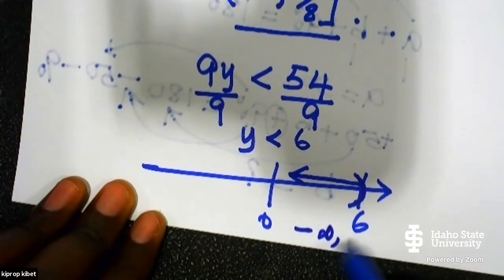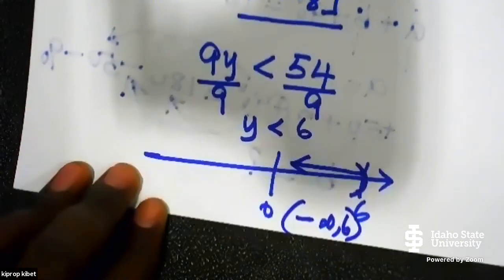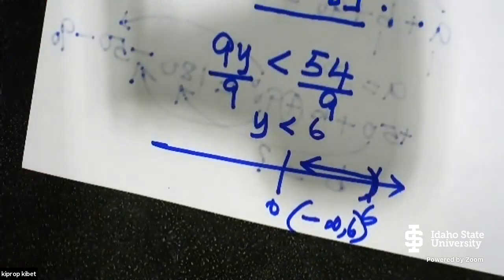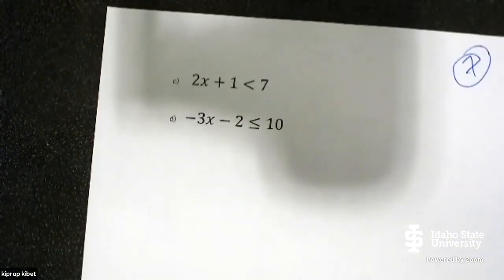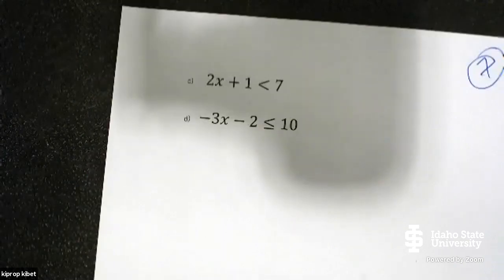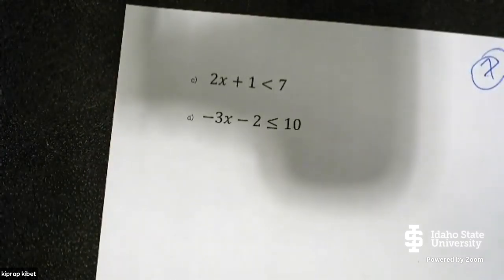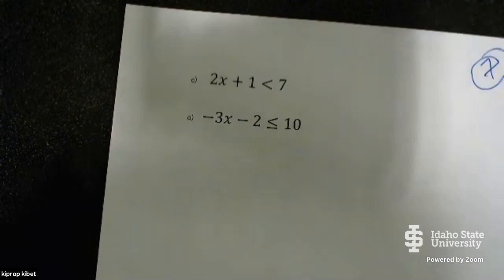Negative infinity, and then what? 6. And all of them are okay. Okay, try number C and number D.